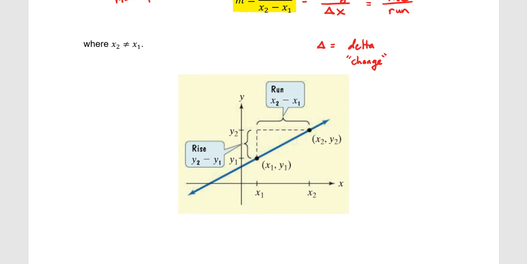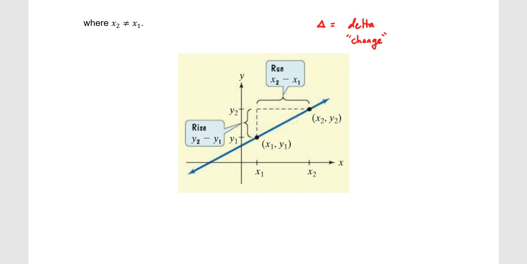So if we took a look at what we see here, for this graph, if we have 2 points, x1, y1, x2, y2, we want to calculate the slope between them. It's going to be the difference in the y-coordinates, which is y2 minus y1, divided by the difference in the x-coordinates, x2 minus x1.